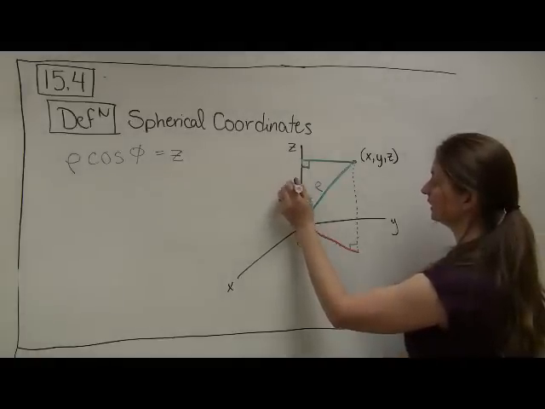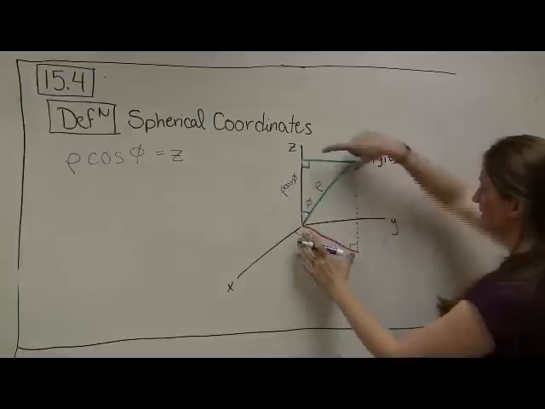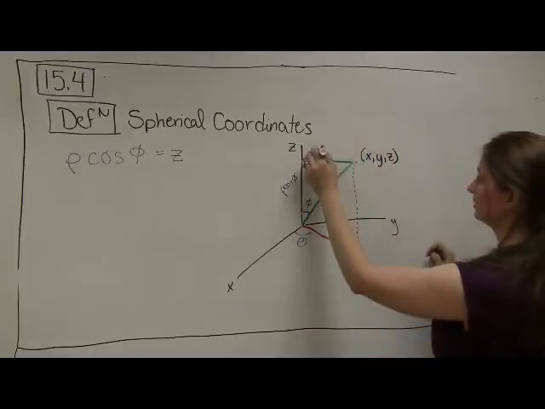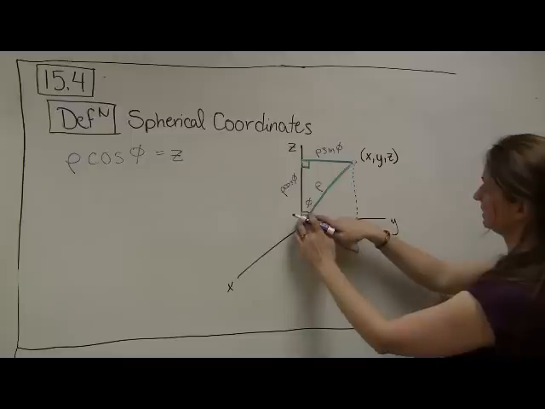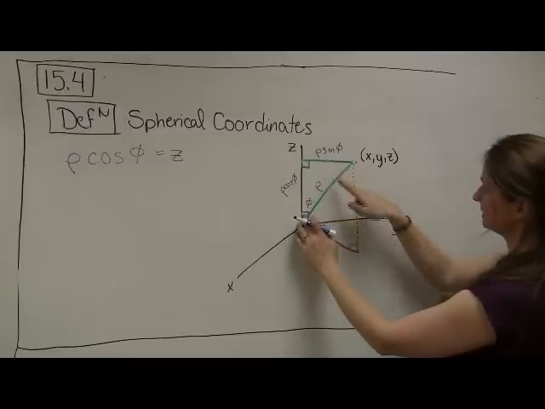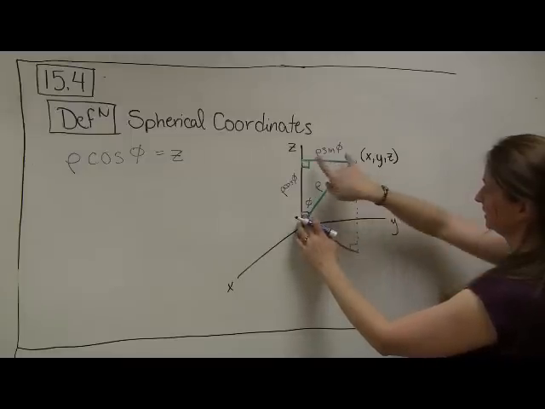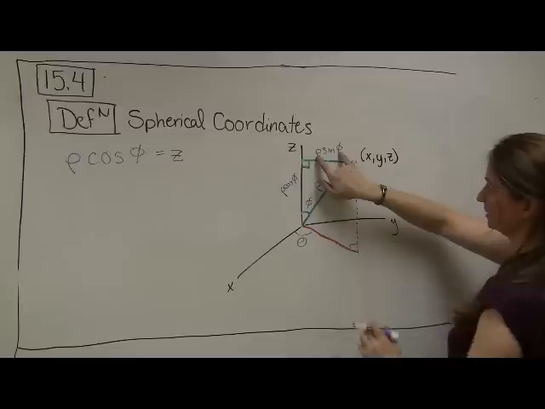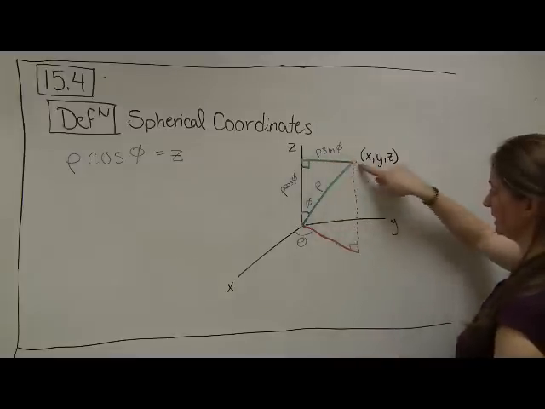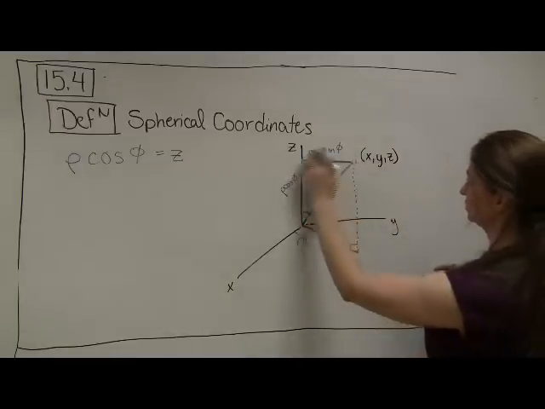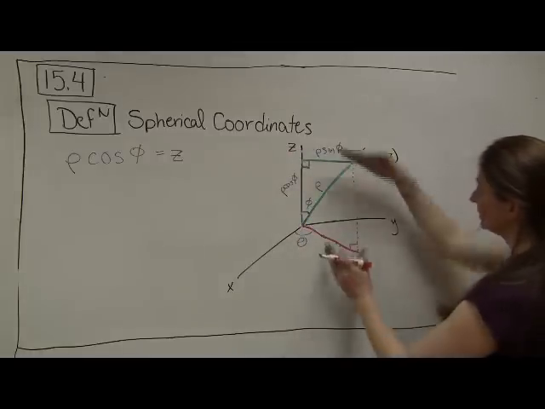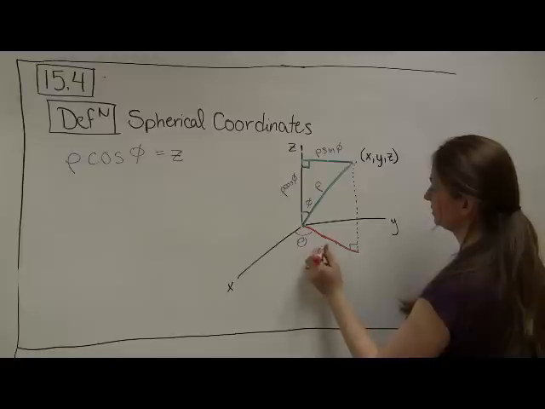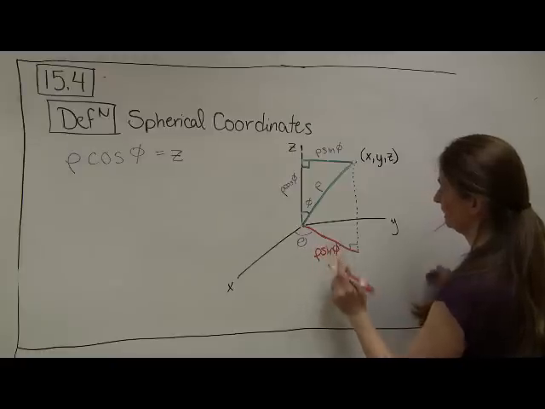This length right here is rho sine of phi. It's opposite over hypotenuse. So this length ends up being rho sine of phi. This length right here, maybe I didn't draw this picture super well, is exactly this red length down here. So the red length is also rho sine of phi, right?